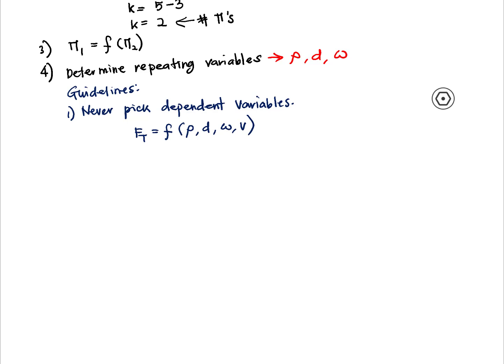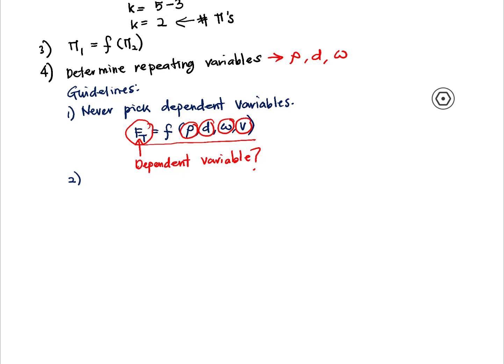Here, which one is the dependent variable? Of course, Ft is the dependent variable, because the value of Ft depends on the value of density, diameter, rotational speed, and velocity. That is why Ft is the dependent variable.